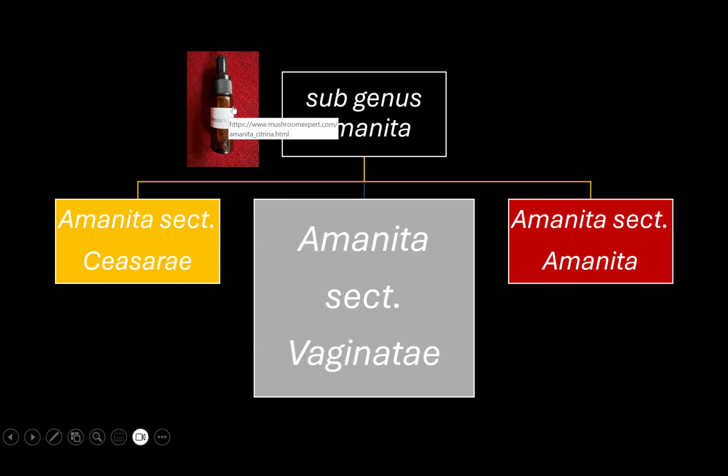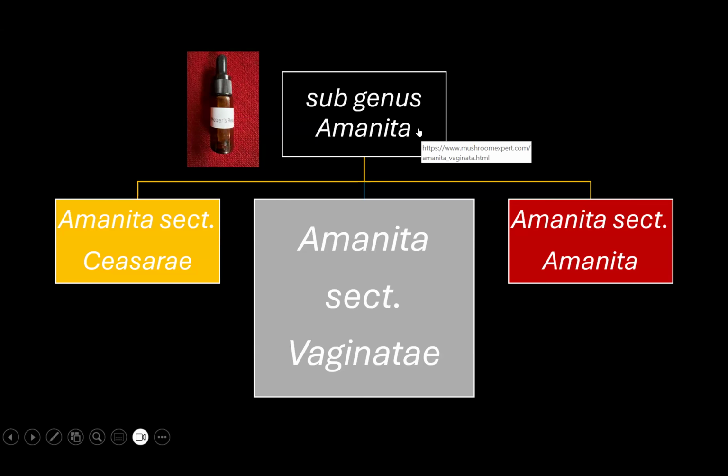So members of subgenus Lepidella, the globose spores would react when you put Melzer's on it and would stain blue, whereas those in subgenus Amanita had no reaction. And so Amanita section Vaginatae is one of the three sections originally in subgenus Amanita.